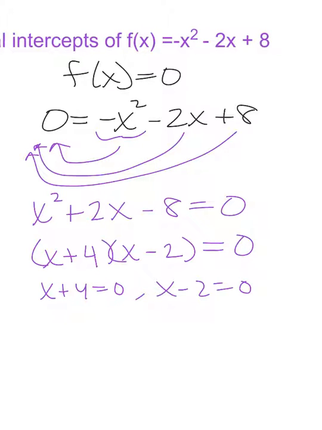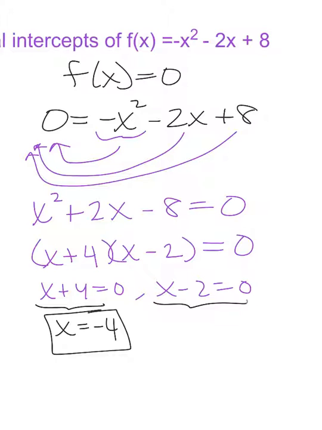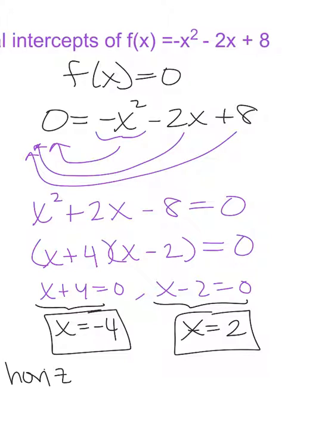So if I solve this equation right here, I'm going to get x to be negative 4. If I solve this equation right here, I'll get x to be 2. So the horizontal intercepts, as ordered pairs, what we found was that it crosses at negative 4, 0, and it crosses at 2, 0.